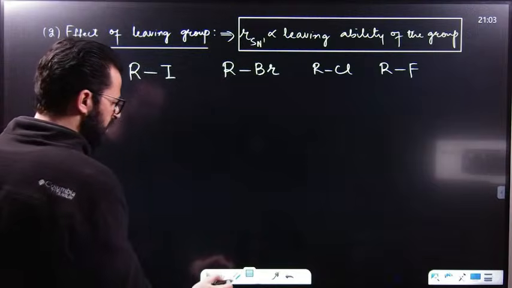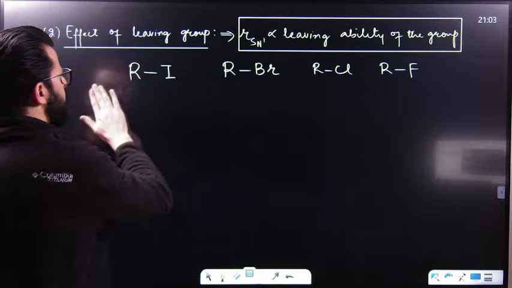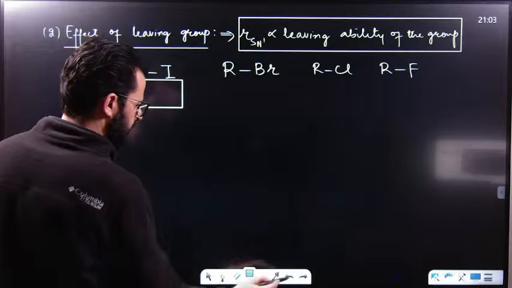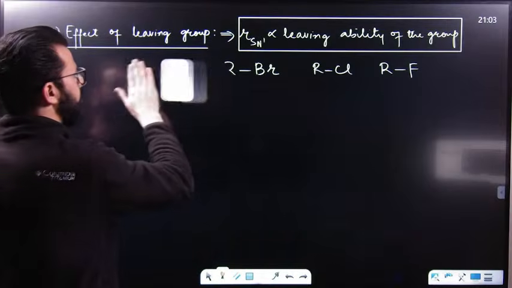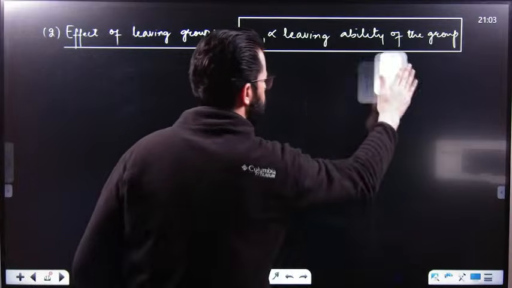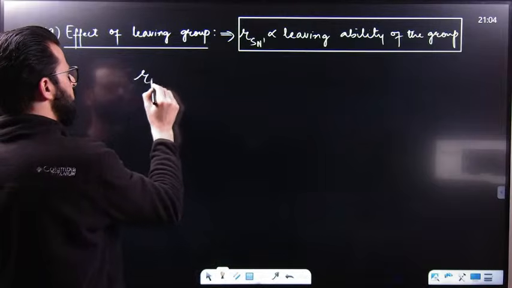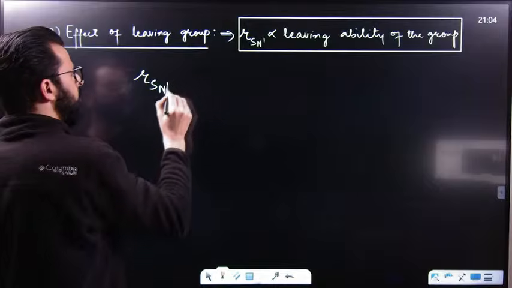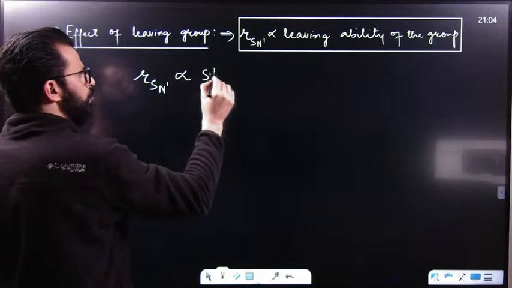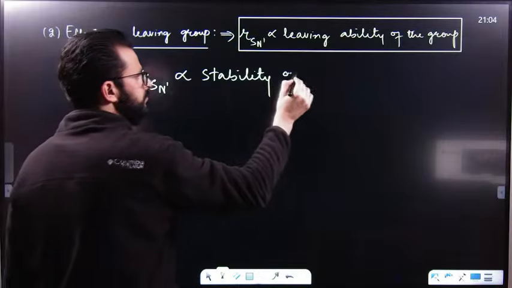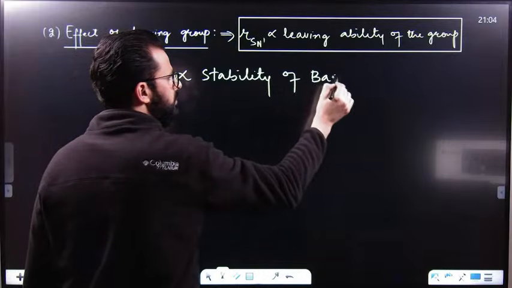But how can we say the leaving ability? Let me first of all rub this. Now, have a look. Remember, leaving ability is actually directly proportional to stability of base. That's why stability of the base.